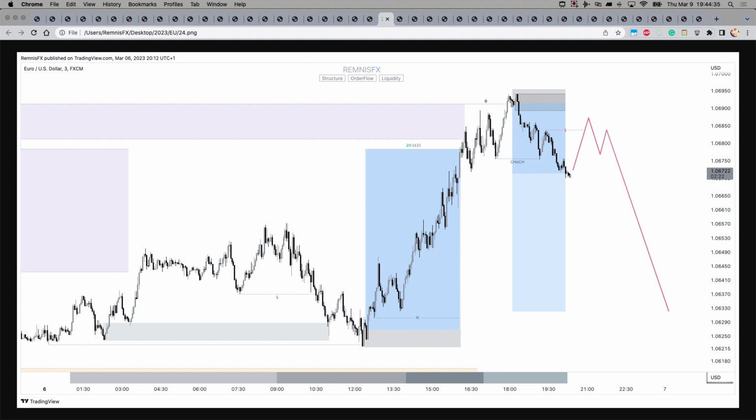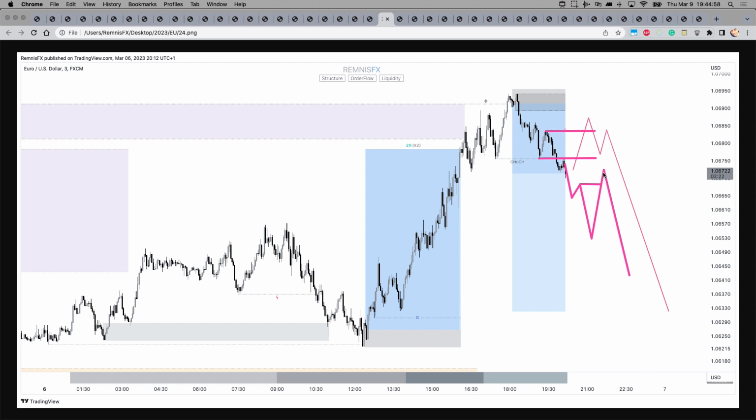Don't be impatient. Either price comes, takes out this inducement here, and if not, I expect that price gives me somewhere here inducement, so I can then perhaps look for an entry, because then this would act as my order flow, right?